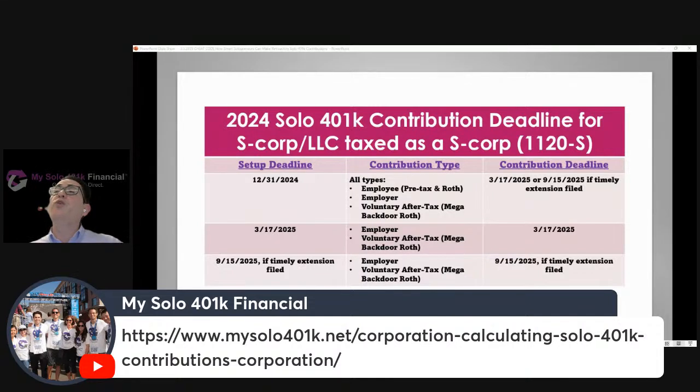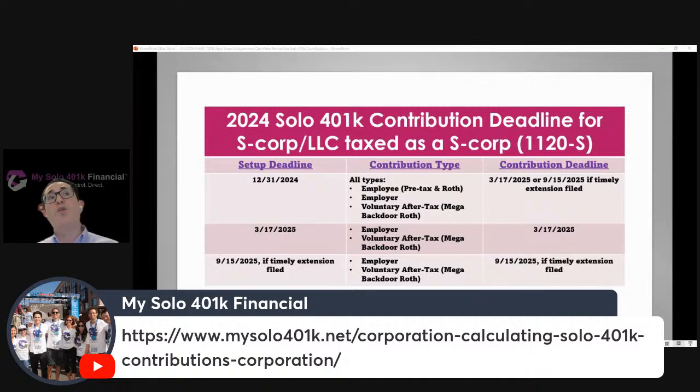So they can contribute 25% of their W-2 wages, or $25,000, as an employer contribution. That would need to be deposited into the pre-tax account for their solo 401k. Then they can contribute the difference up to $69,000 for 2024 as a voluntary after-tax contribution.